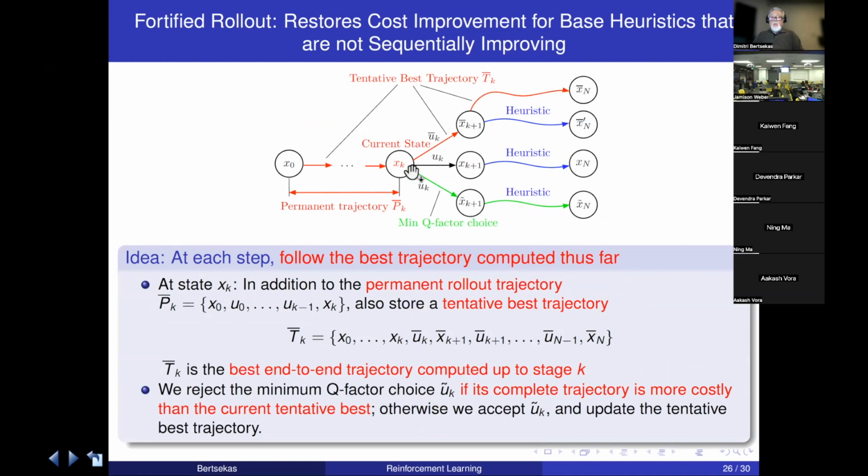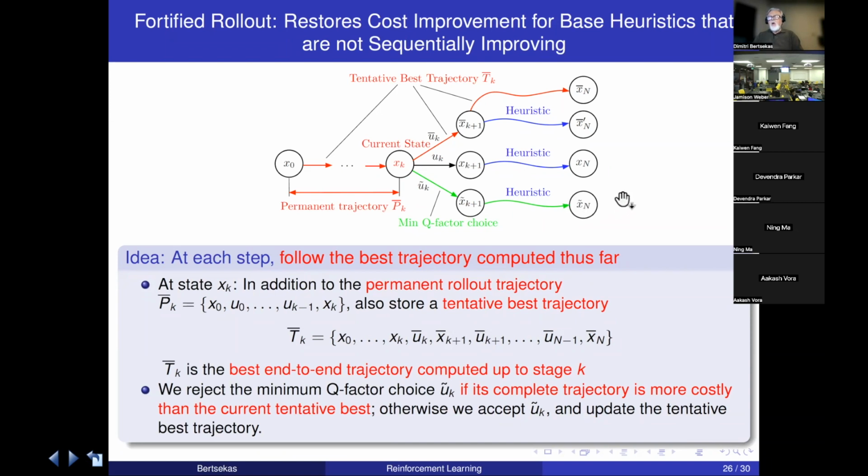Once we find the minimum Q factor choice, the U tilde K, we compare it to the tentative trajectory, and if it's more costly, then we reject this choice, and otherwise we accept it and we update the tentative best trajectory to be this green trajectory.